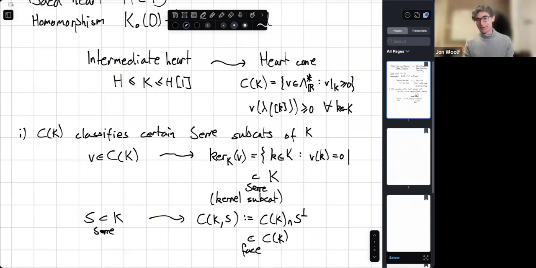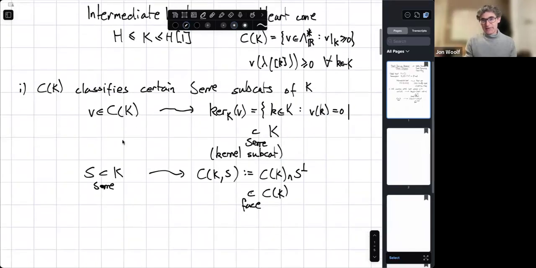And that's an example of what I mean by convex geometry being an appropriate linearization of homological algebra. So face is basically the convex geometric linearization of Serre subcategory. Here we're just talking about sums of things in cones, and here we're talking about short exact sequences. Every vector gives you a Serre subcategory, every Serre subcategory gives you a face.